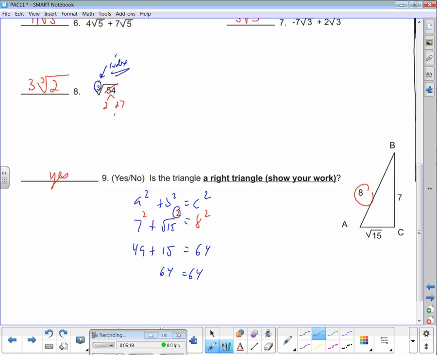Whatever. 27, I think of 3 times 9. And 9, I think of 3 times 3. Well, now I see I have 3 3's. And what's the cube root of 3 3's? You get a 3 out front. Does this 2 come out? No, there's only one of them, so what's left? The cube root of 2. 3 times the cube root of 2.